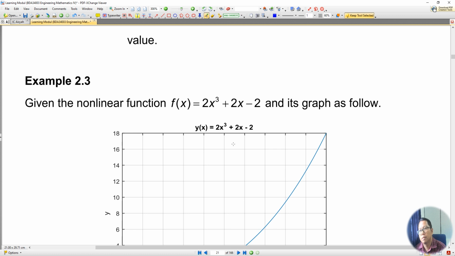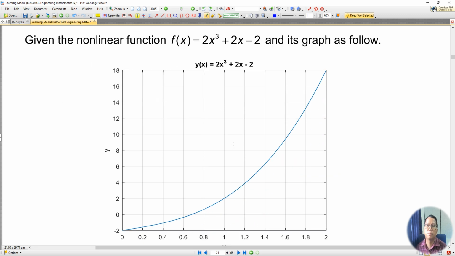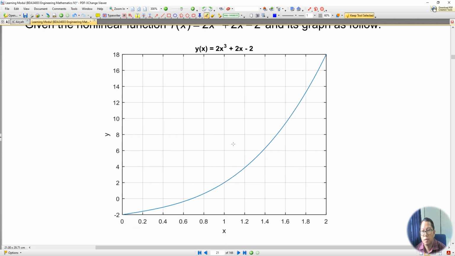So let's say we are given the non-linear function f(x) equal to 2x^3 plus 2x minus 2, and its graph as follows.